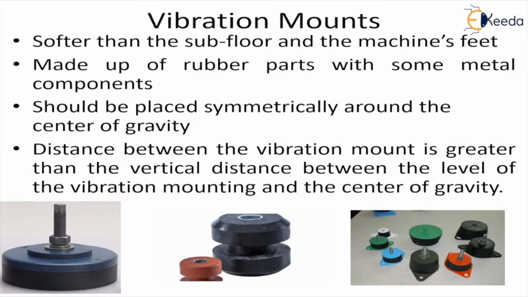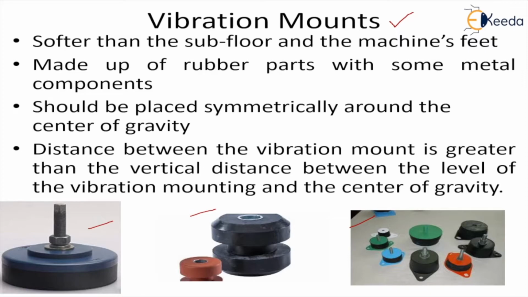Therefore, we need correctly designed vibration isolators, and vibration mounts are one type of vibration isolator that can be used. Here you can see some pictures of vibration mounts, varying in sizes and designs.